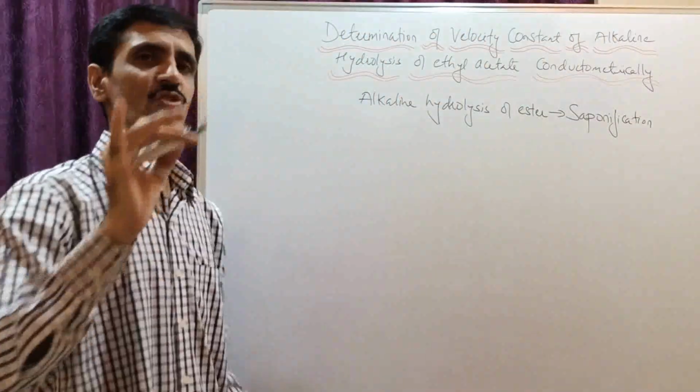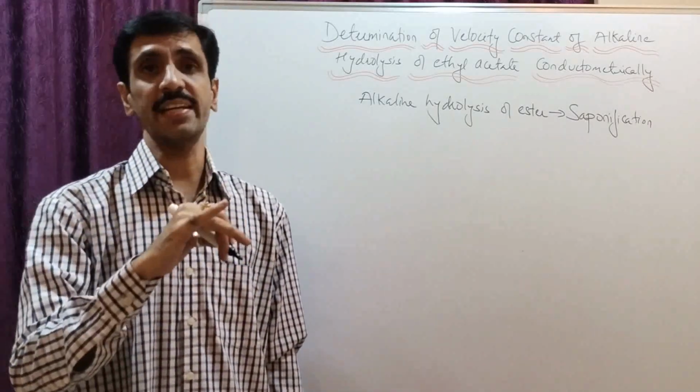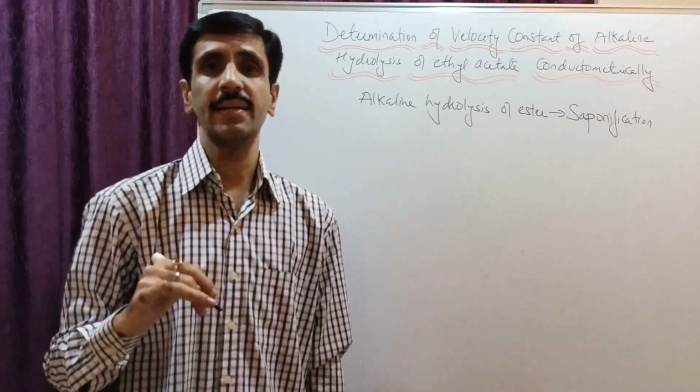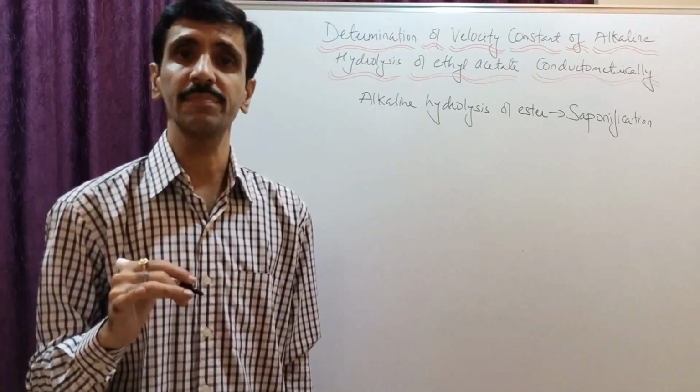Now in this particular experiment, the ester that we are going to take is ethyl acetate and the alkali that we are going to use is sodium hydroxide.